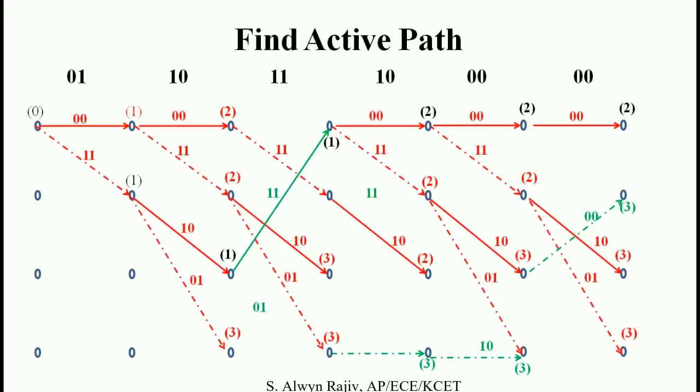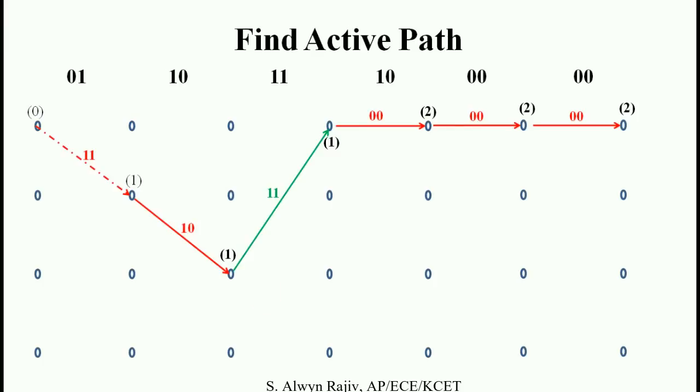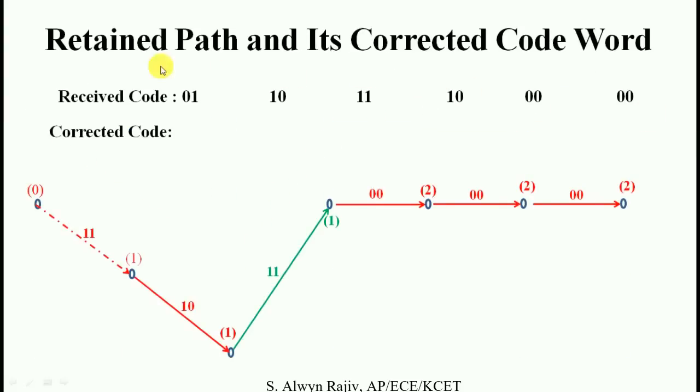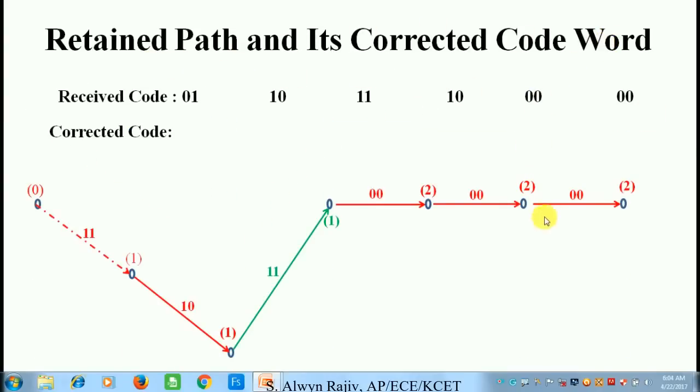Next step, we are going to discard the other paths and look only at this active path. Okay. Next, the received word and its corrected code word. First, the code word becomes 0 0.